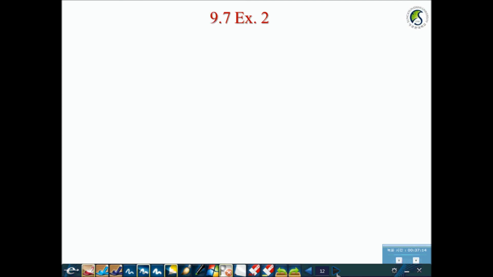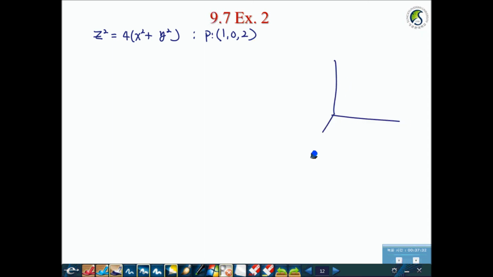Example 2. We have the following function: z squared is 4 times x squared plus y squared, at point P (1, 0, 2). Let's graph it.